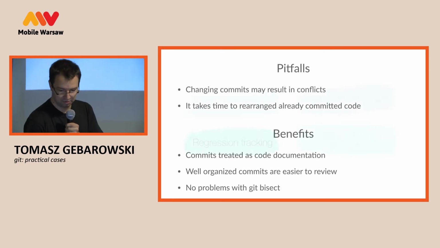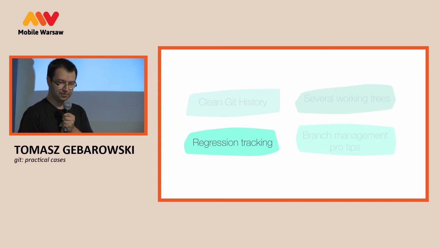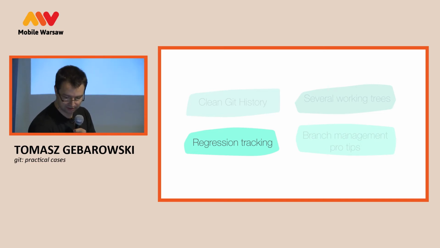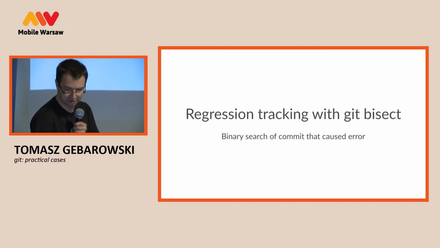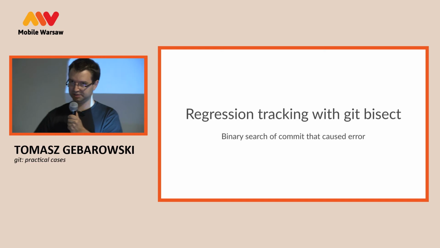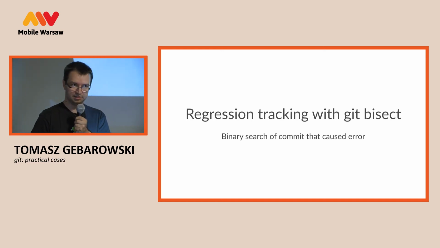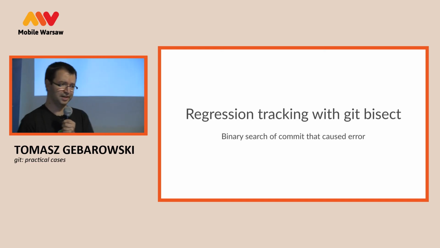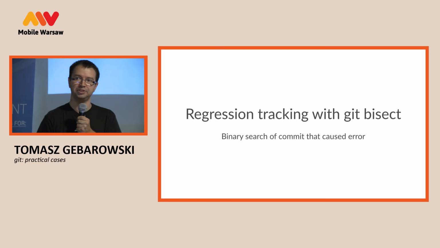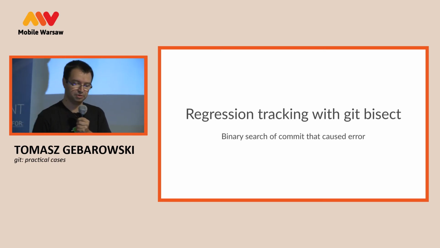Okay, so when we're on the topic of regression tracking, let's say a few words about regression tracking with Git bisect. Git bisect is a tool that is embedded in the Git command line that you can run in order to search and trace regressions that were introduced in your code.